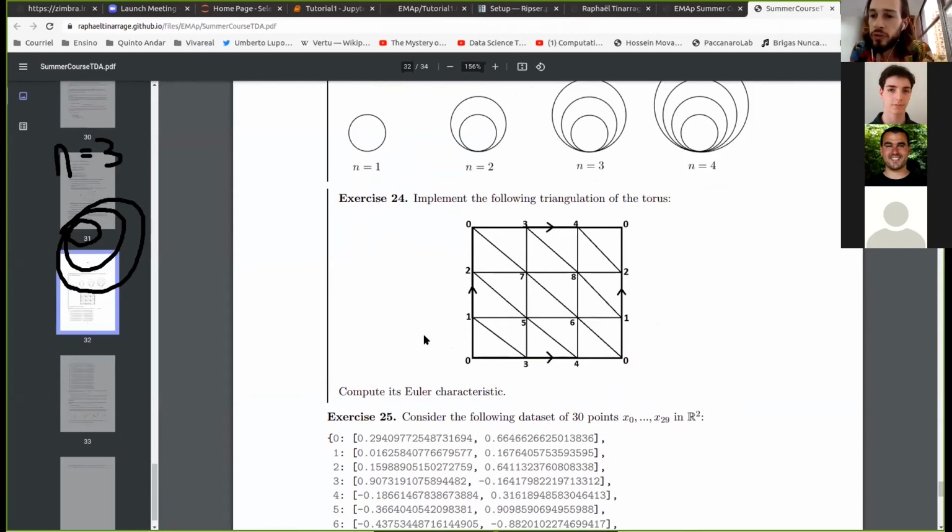So the torus, this is a very interesting surface, a two-dimensional object. And the torus, as you may know, you can obtain it from a square. If you take a square, you identify the opposite edges of the square, like that. You obtain a cylinder.